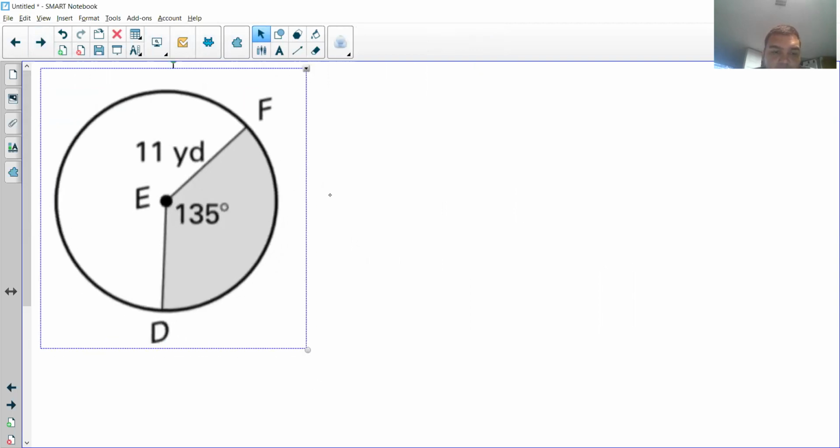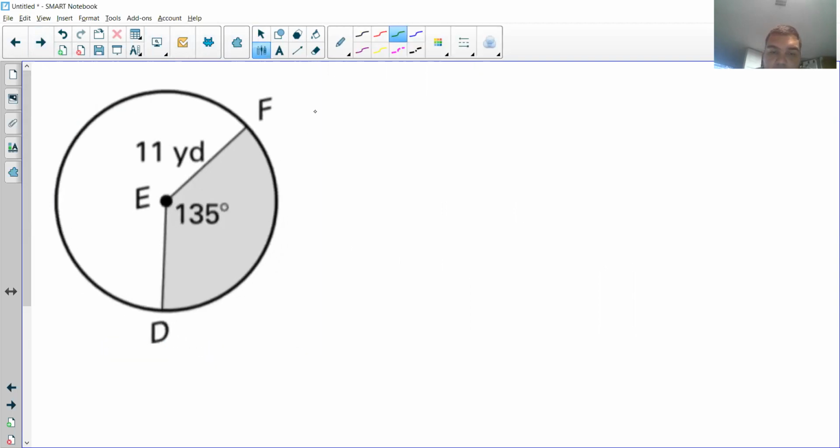There. Okay. This one's the same exact process. We need FD. Theta over 360 times the area. But we don't have the area, so we're going to find the area first.